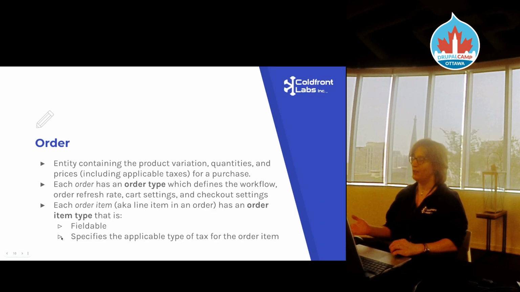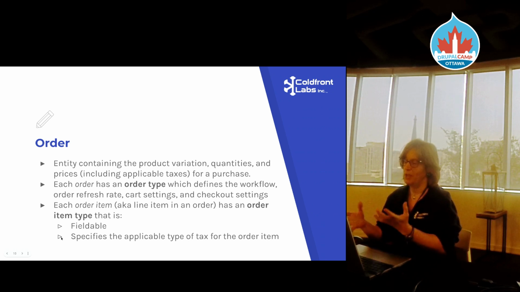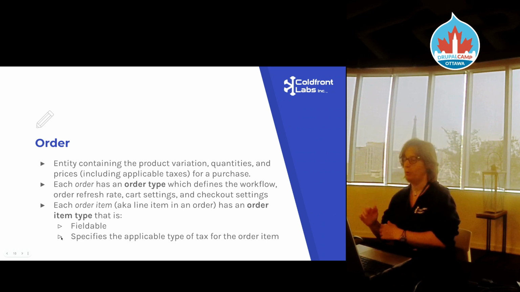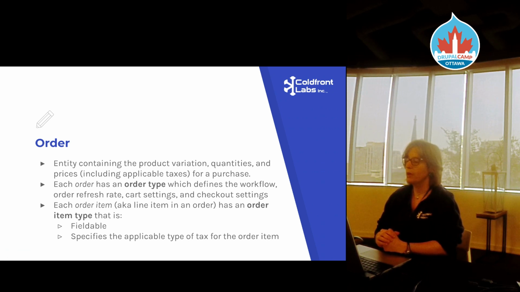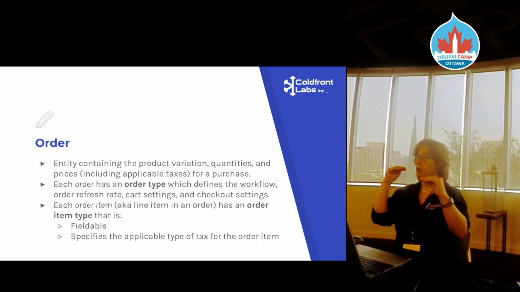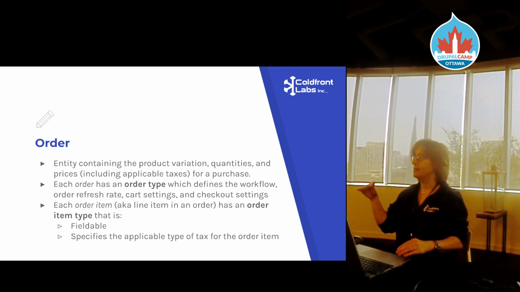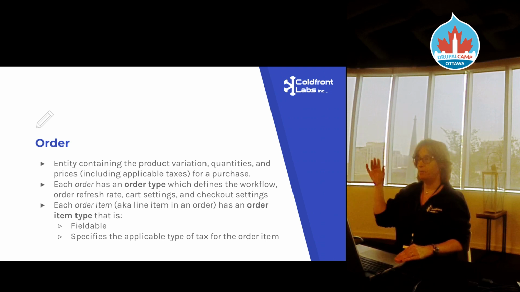Okay, another component I wanted to briefly touch upon is the idea of the order. So an order is the entity containing the product variation, the quantities, and the prices of the items that a customer has said they'll purchase. And this gets submitted into the system when a customer says checkout.